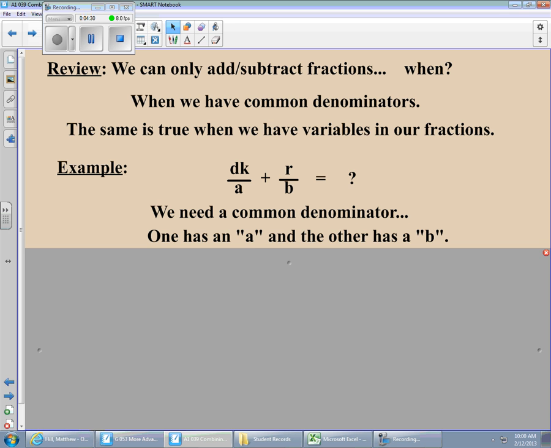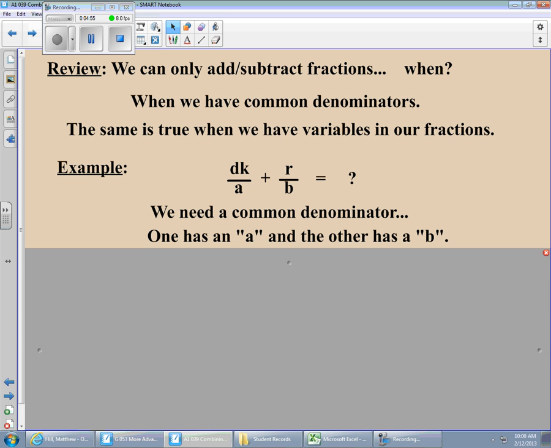Right now, we've got one denominator that's got an A in it, one denominator that's got a B in it. Now, we're not going to do anything fancy or crazy like taking this A away from the denominator on the left or taking away this B from the denominator on the right. But we got to increase both sides to become something.